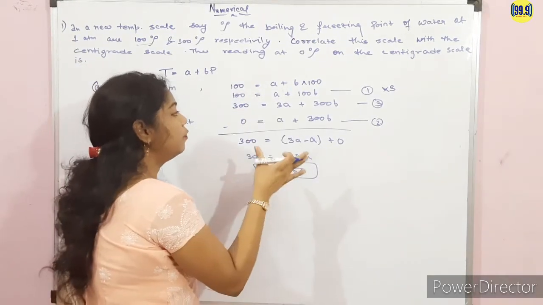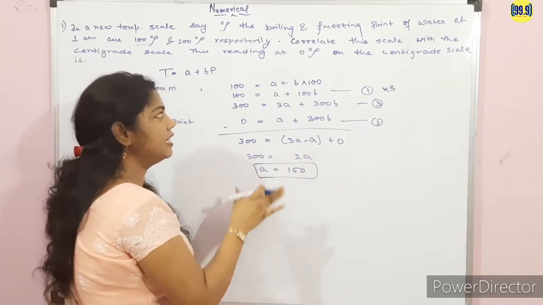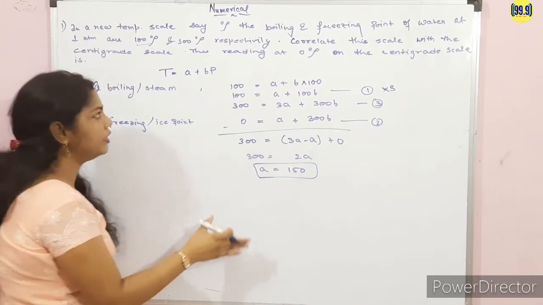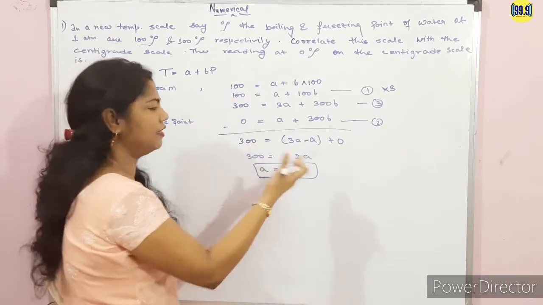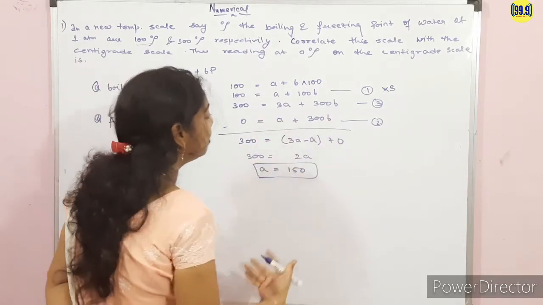Now put the value of A and B in the general equation. We do not need to calculate the value of B, otherwise you can calculate it by simply putting the value of A in equation 2.